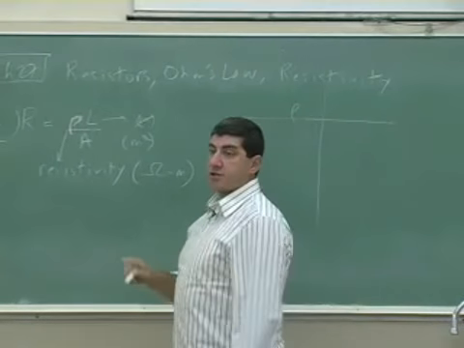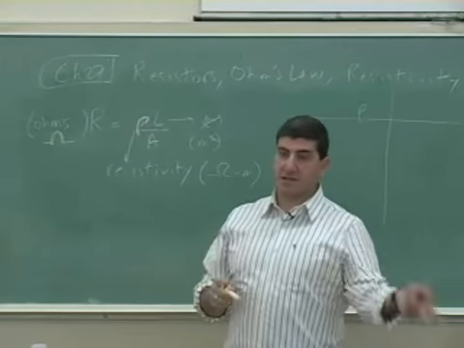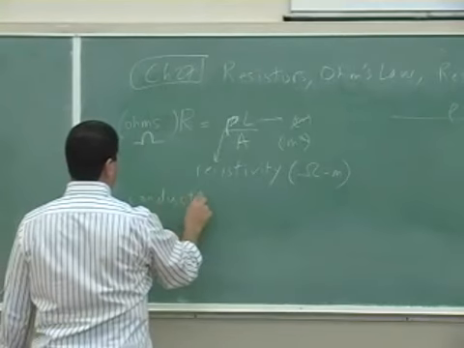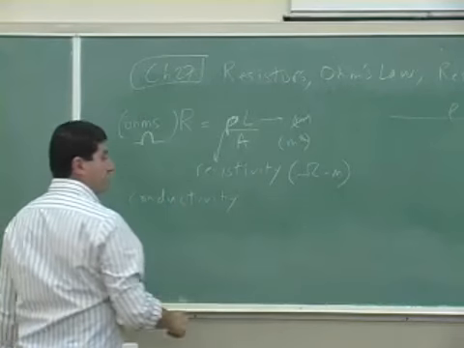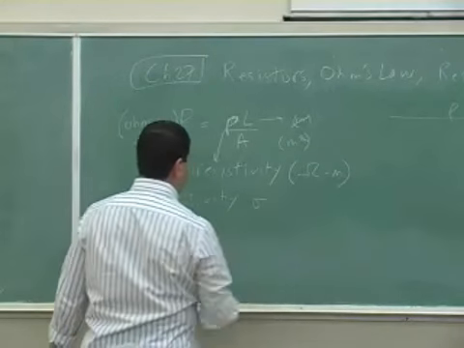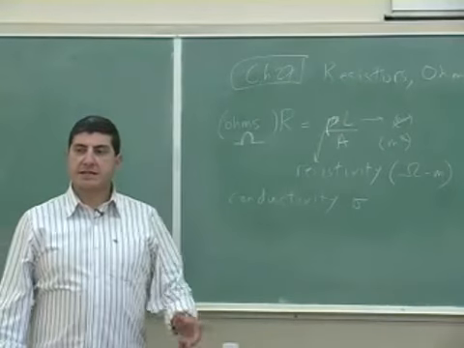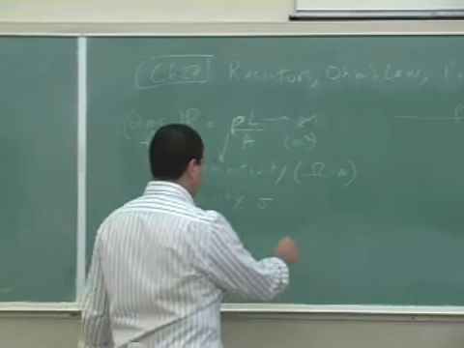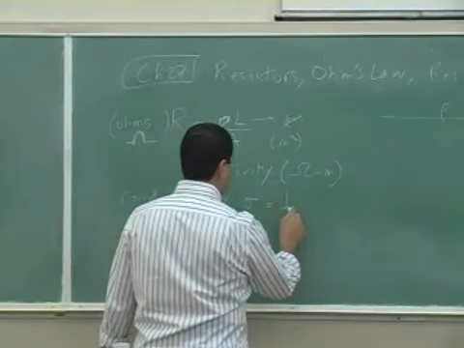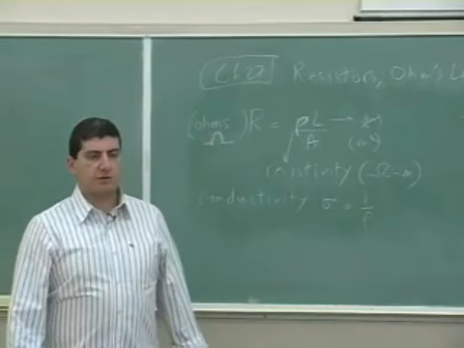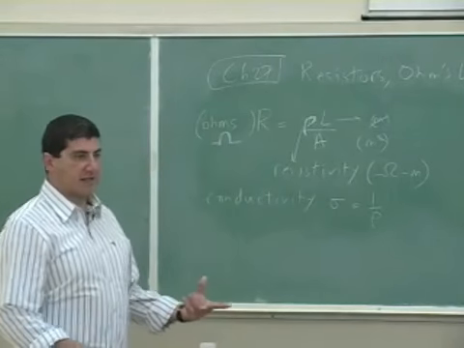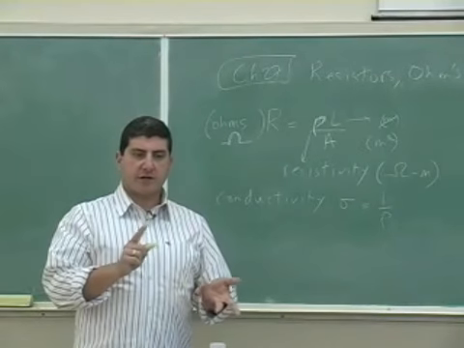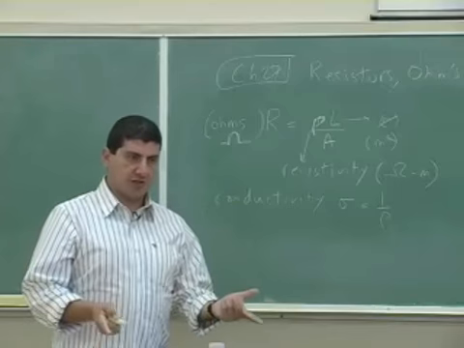And there is another constant called conductivity, which they use the Greek symbol sigma. Okay, and the conductivity is simply 1 divided by the resistivity. And the reason they did that is because they wanted to show the opposite relationship of a good conductor versus a good insulator.